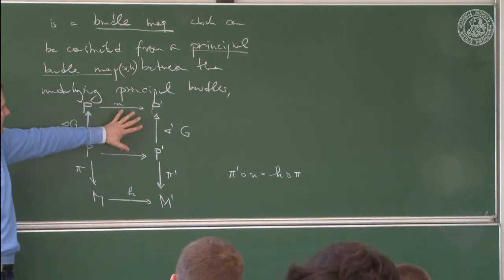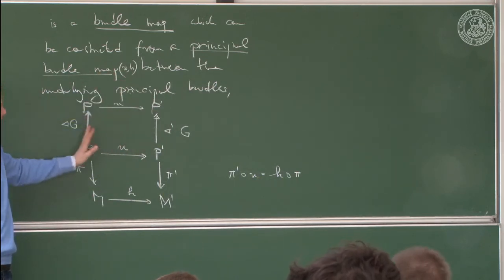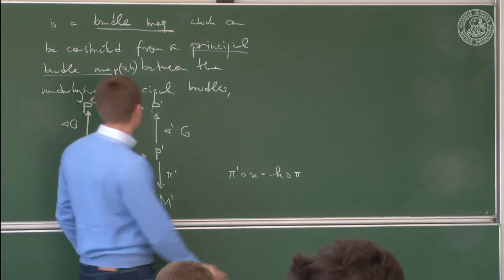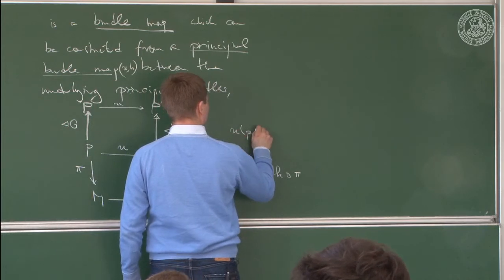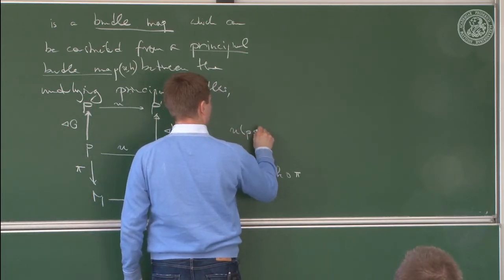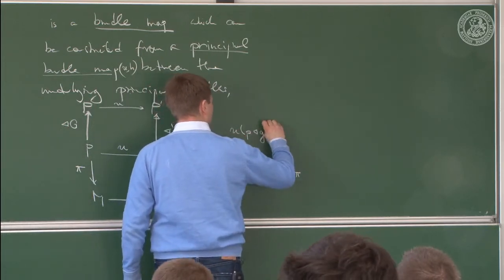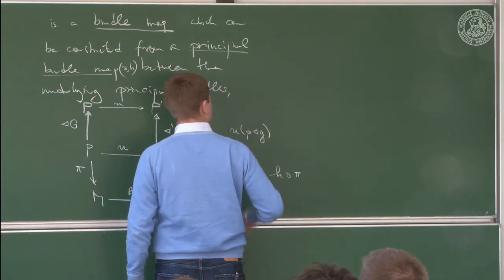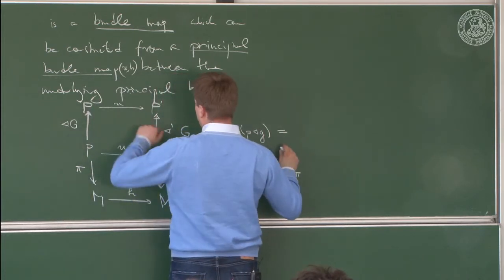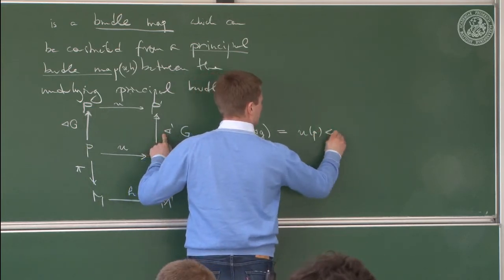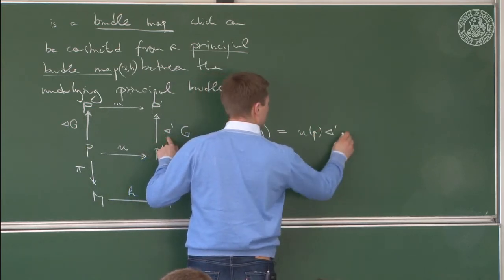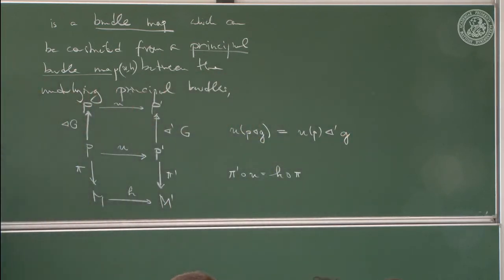This becomes a principal bundle map by also respecting this up here to commute. That means U of P acted upon from the right by the unprimed right action with a G is the same as first mapping with U and then using the primed right action of G, for all P in P and for all G in G.